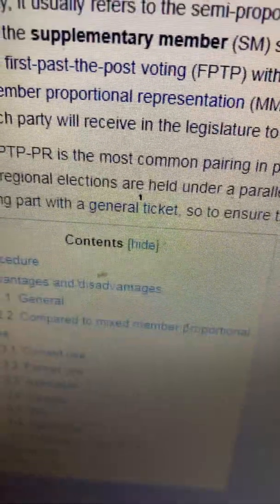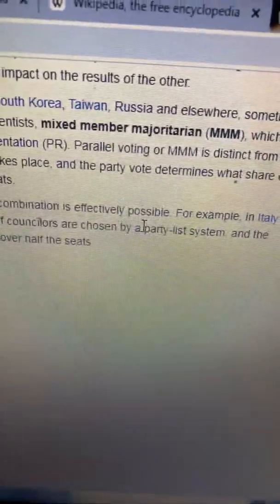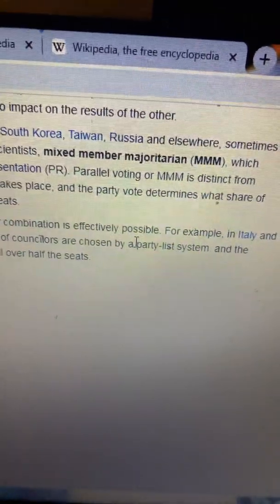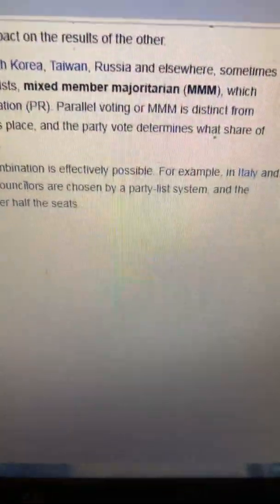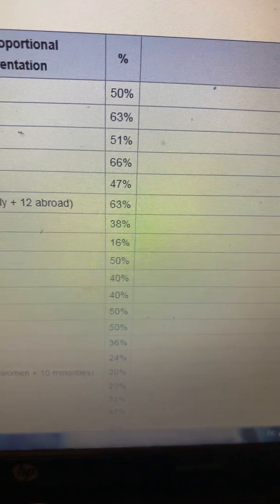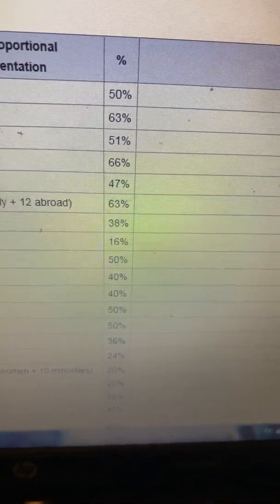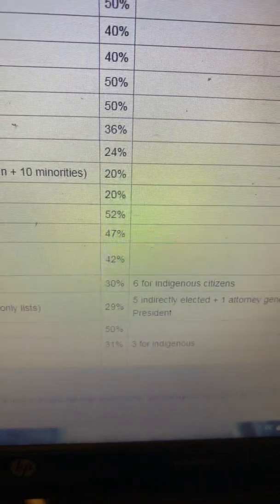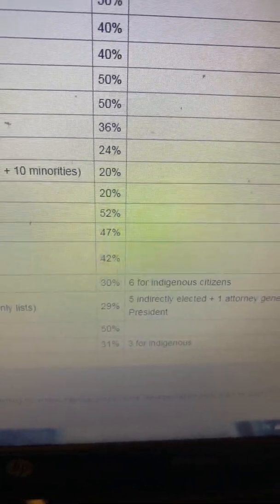In parallel voting, the parallel voting is used in Taiwan, Republic of China, legislative yuan elections, and also in Japan, Republic of Korea.